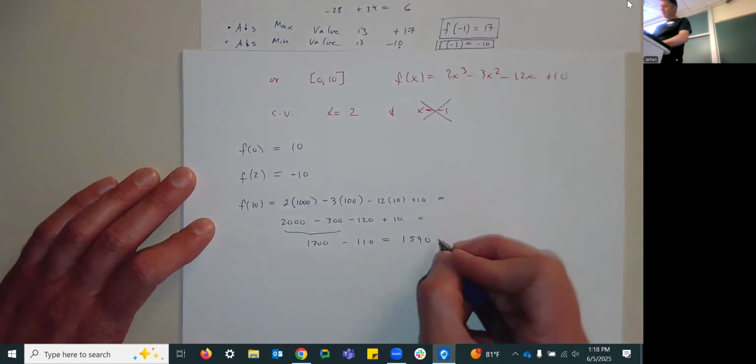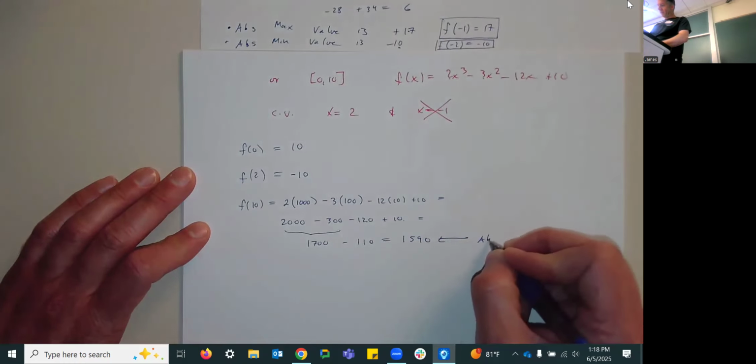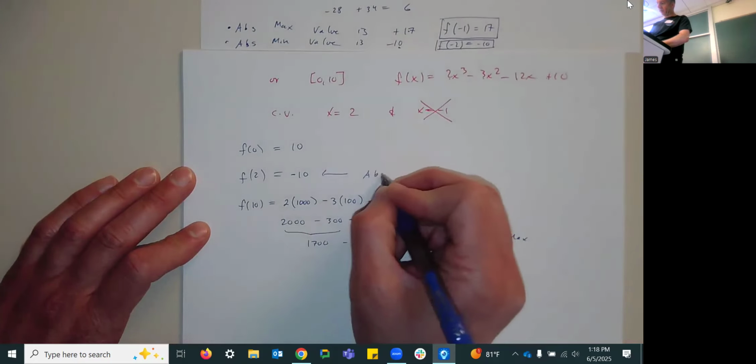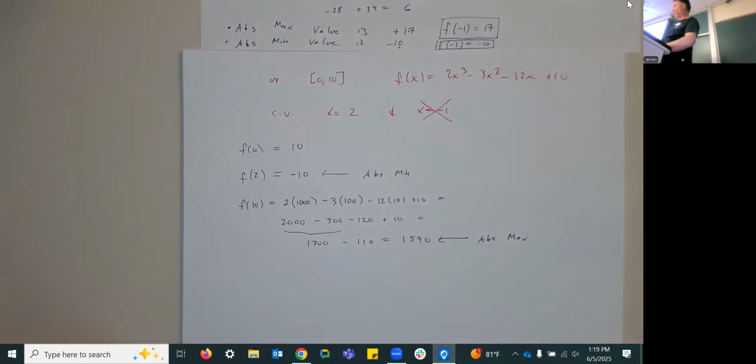So clearly, that's my absolute maximum, and that's my absolute minimum, if that was the interval instead of the other one. In contrast, if the question gives you a function and asks for relative extrema, it's an entirely different process.